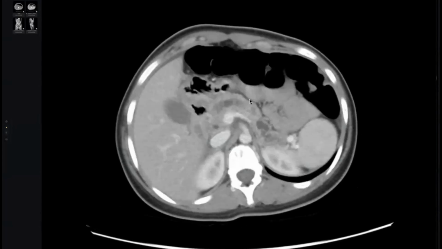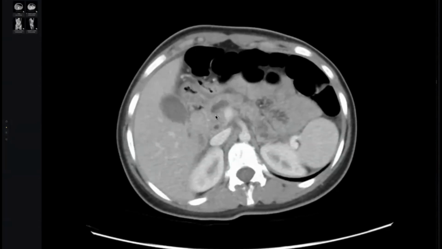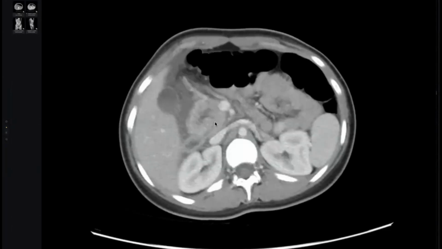Normally, the pancreas is drained by both the minor and the major ducts, because there is a junction here. This is the main one. When it comes here, it drains at the ampulla of Vater.